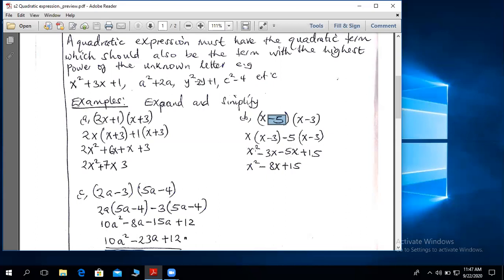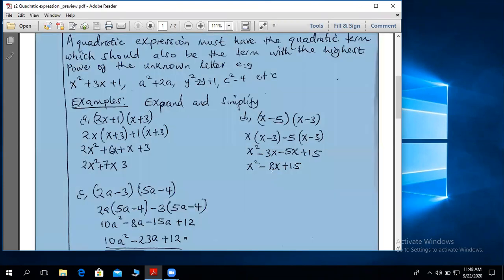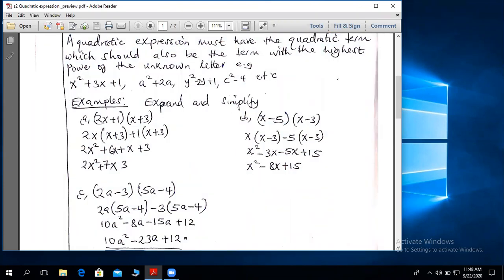Finally it gives us x squared minus 3x minus 5x plus 15. Here, these two have the same unknown, negative 3x minus 5x, and the answer is negative 8x. So finally, we have x squared minus 8x plus 15.